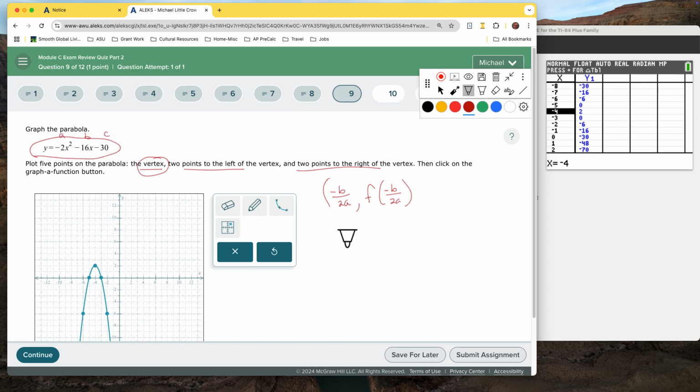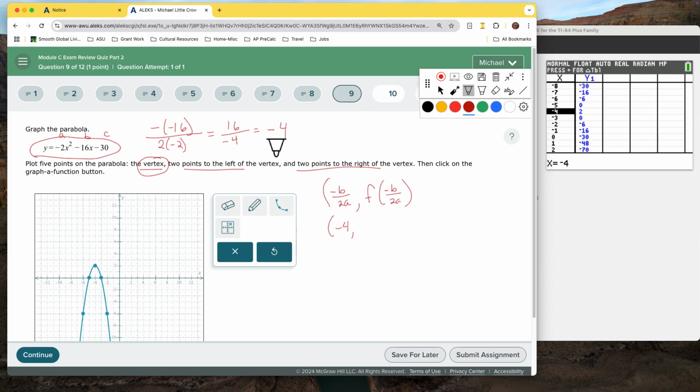I get negative 16 over 2 times negative 2. So this becomes a positive 16, and this becomes a negative 4. 16 divided by negative 4 is negative 4, just like we see here. That's the x-coordinate of our vertex.